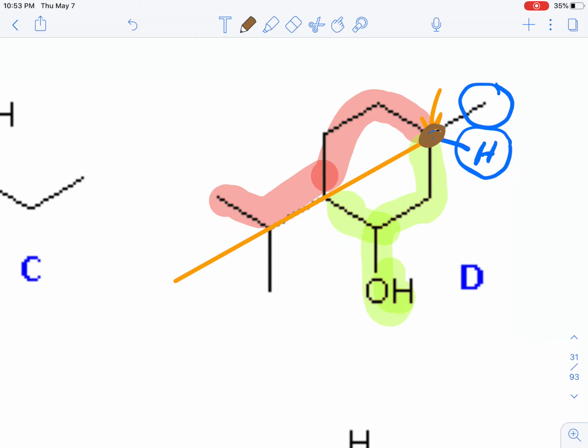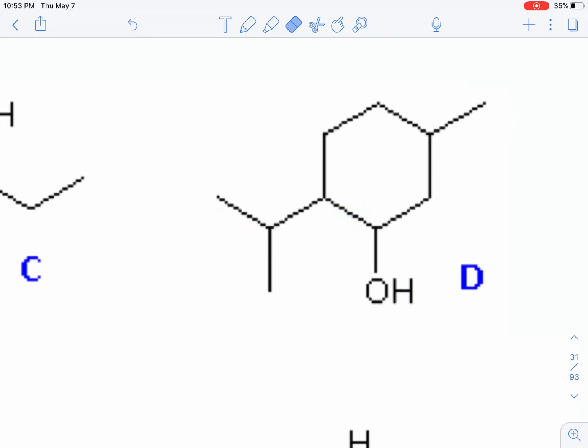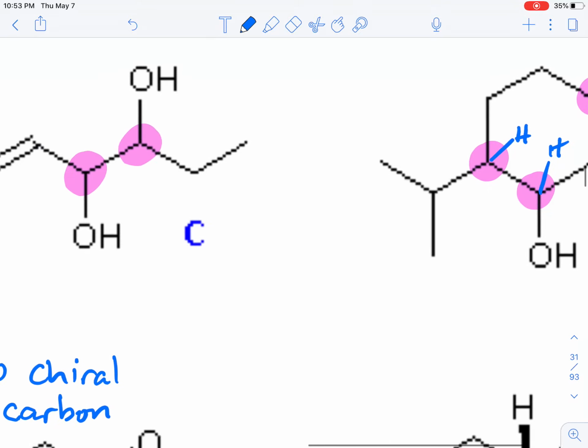The one that I've circled in blue, the piece that I highlighted in green, and the piece that I highlighted in red. And so overall, I have 3 different chiral centers. So I have 3 chiral carbons for this molecule.